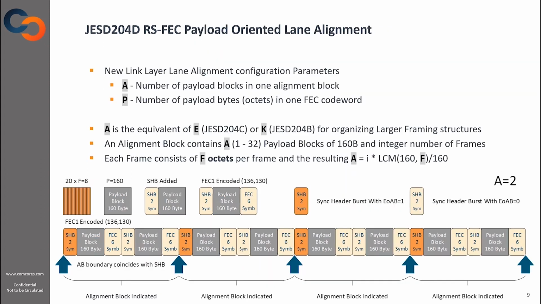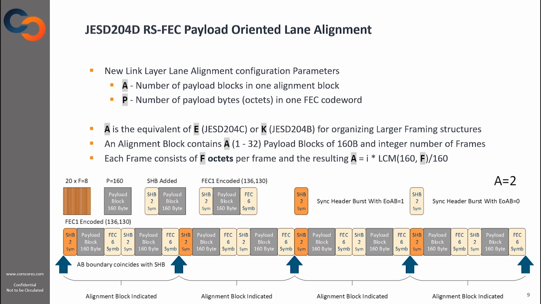Now let's discuss lane alignment and how that might be handled. From JESD204C, we know we had a large framing structure called extended multi-block with the E parameter, and in JESD204B we had the multi-frame with the K parameter. And now in JESD204D there's a new parameter called A, and it will serve a similar function, indicating how many 160 byte payload blocks will form a single alignment block.